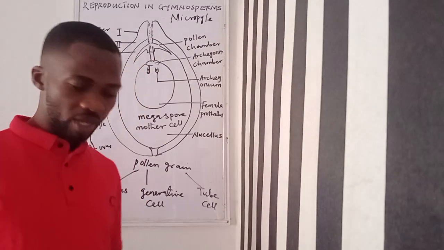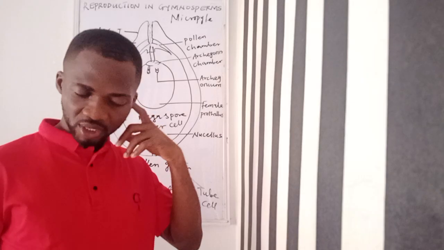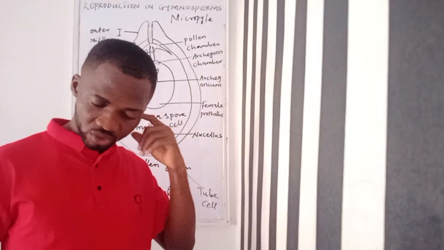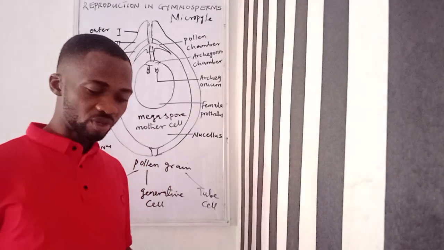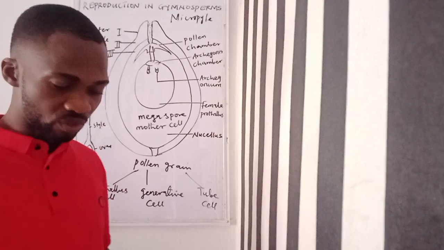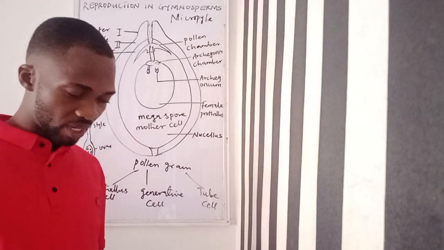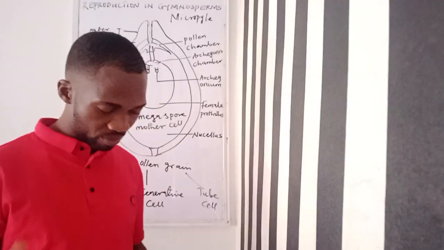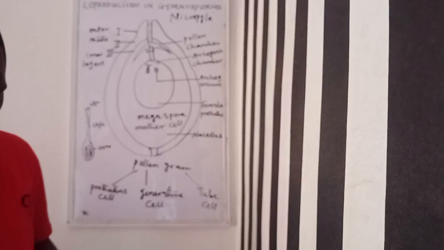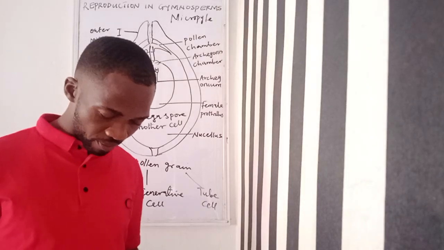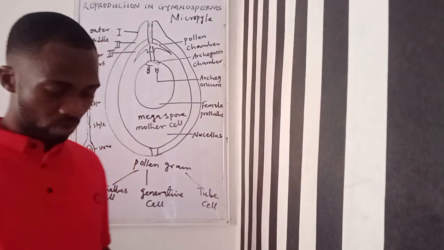After fertilization, the egg nucleus undergoes free nuclear divisions for 8 or 10 times, giving a large number of free nuclei. Then coming to the seed, the ovule grows into the seed after fertilization, which I've mentioned before. The seed is ovoid in shape and usually orange or red in color.